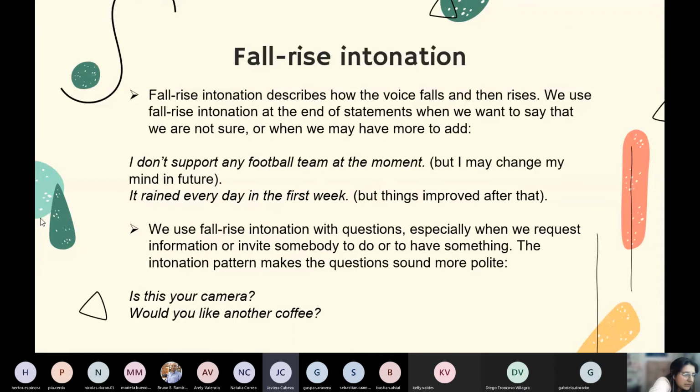And I'm going to ask Gabriela. Can you read for me this paragraph? Gabriela, can you speak?